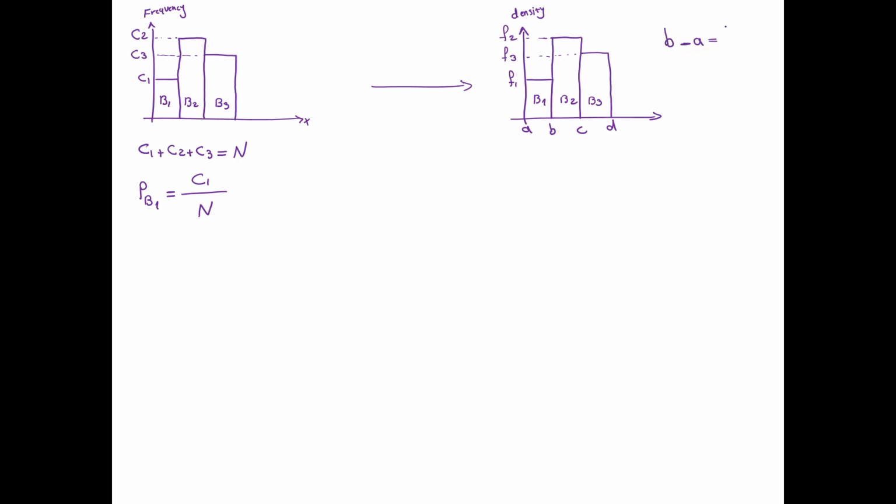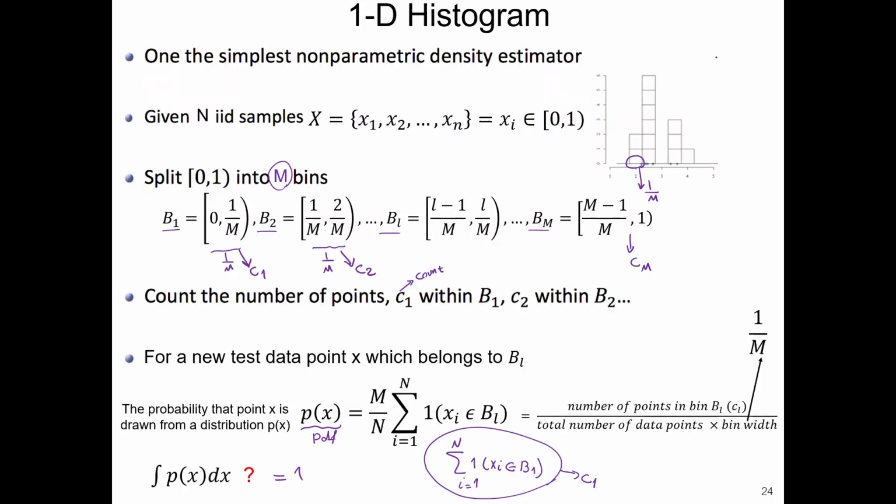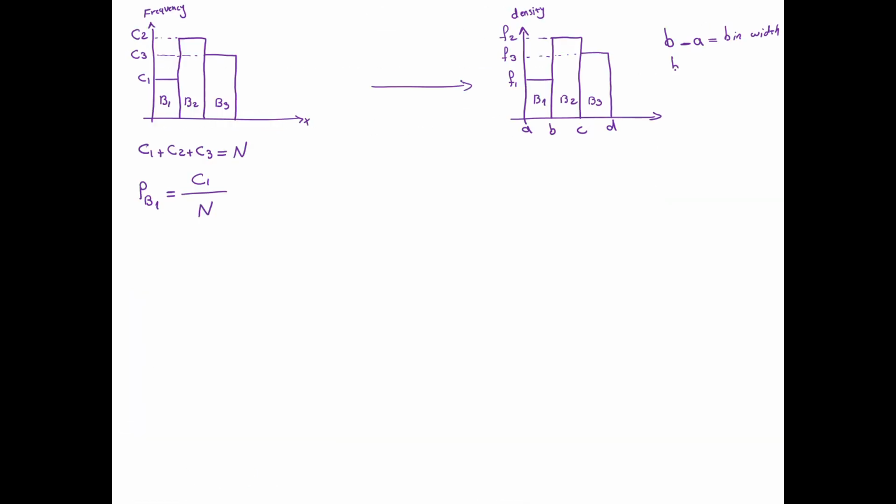This is our bin. Based on the previous slide, what was our bin width? It was 1 over L. Okay. How do I calculate probability if I have density? How do I calculate probability in bin 1?